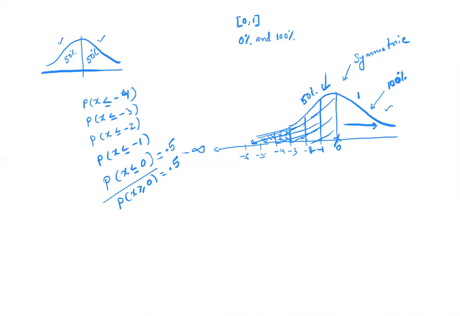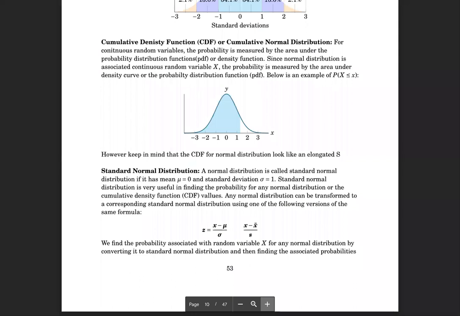Okay, so let's clear it up. The cumulative probability distribution is basically you accumulate. Now, if you graph the cumulative probability distribution, this is how it looks.